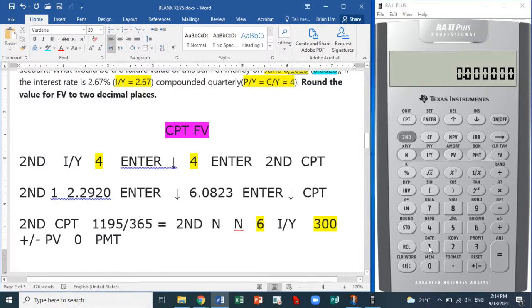Okay, so we put in 1195. We divide by 365 to get it into years. So that is the number of years. Okay, and as we know what to do, we go second N, and that gives us the number of years.